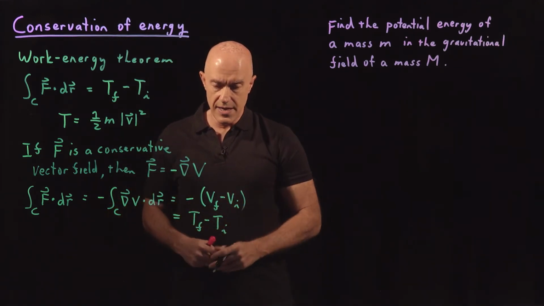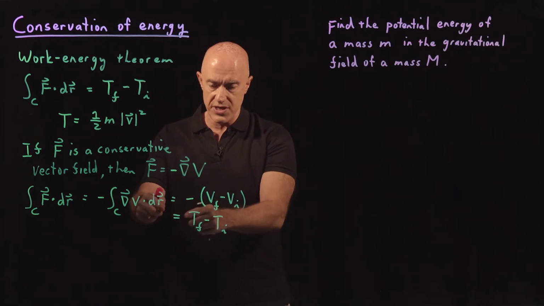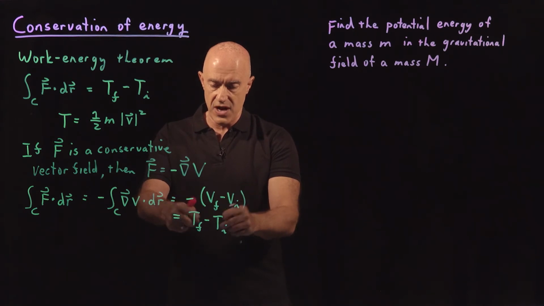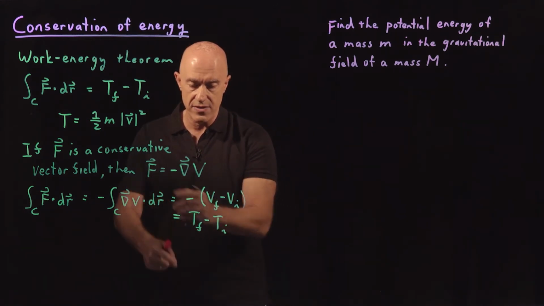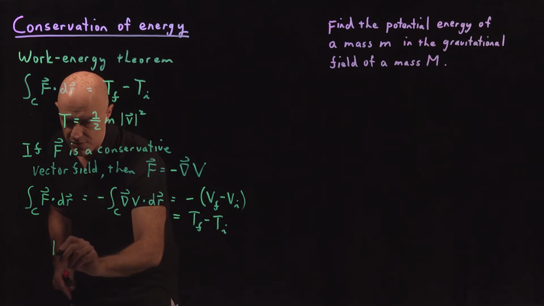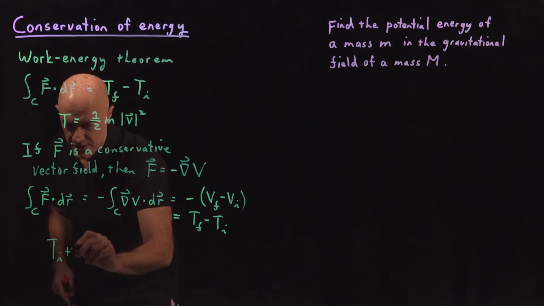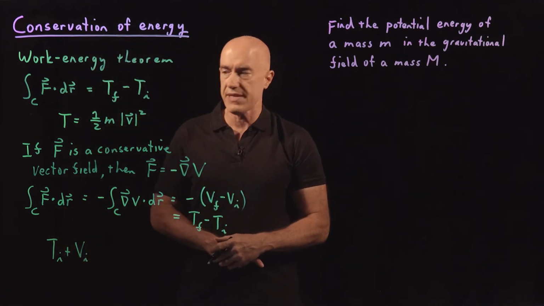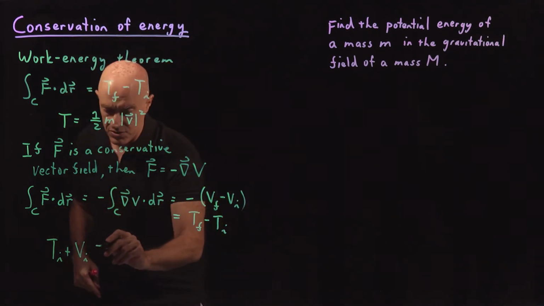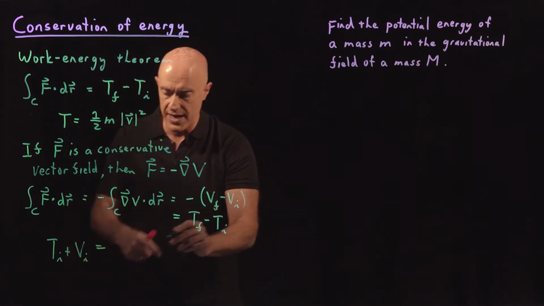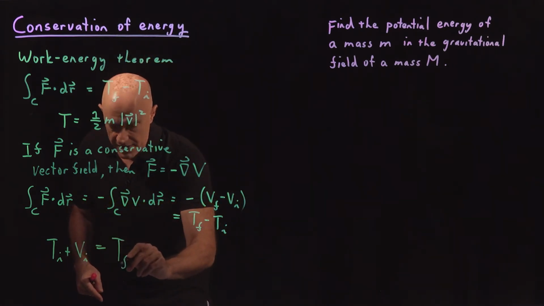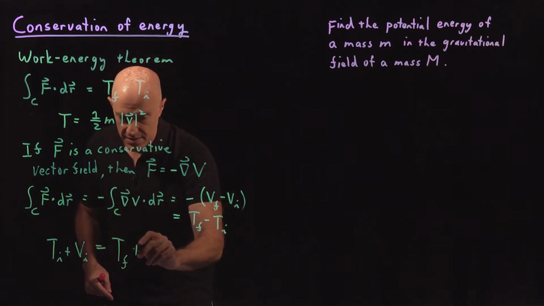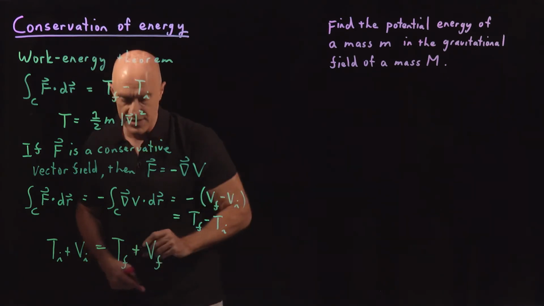Okay? Can we put all the initial terms on one side and all the final terms on the other? We have a negative Vi and a negative Ti on the right. We put that on the left. We end up with the initial kinetic energy plus the initial potential energy, we're going to call V the potential energy, is equal to, put all the finals on the right, the final kinetic energy, and then we have a minus Vf goes to the right, plus the final potential energy.